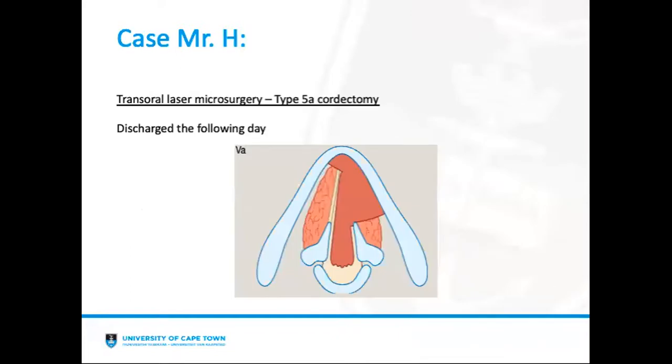He subsequently went to theatre and had essentially a type 5A cordectomy, which included resection of the left anterior two-thirds of the left vocal cord, anterior commissure, and a segment of the contralateral anterior true cord. The following day, he was eating well with minimal pain, mild dysphonia, and no stridor, and was discharged home.